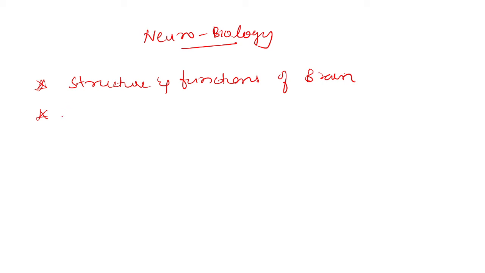I think you have heard all these terms. The improvements in technology for examining the brain in action, for example magnetic resonance imaging, brain mapping and all, have provided new information on the functions of the brain. We can find out the function of the brain by using these new techniques.